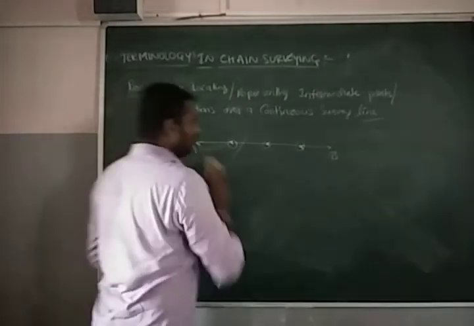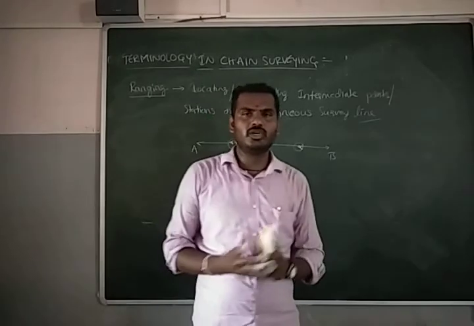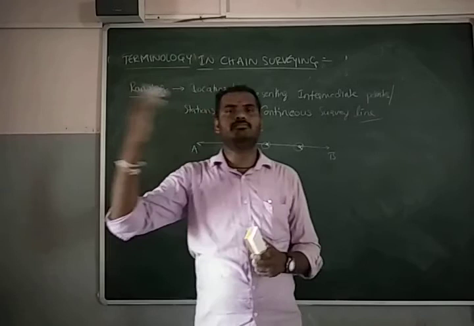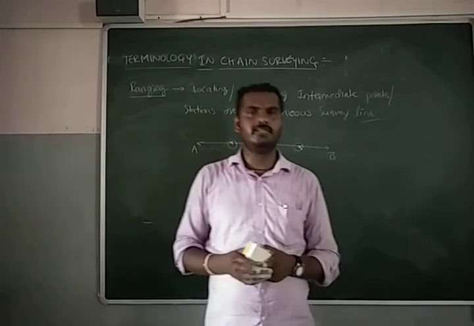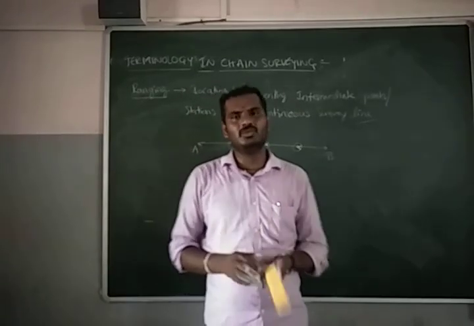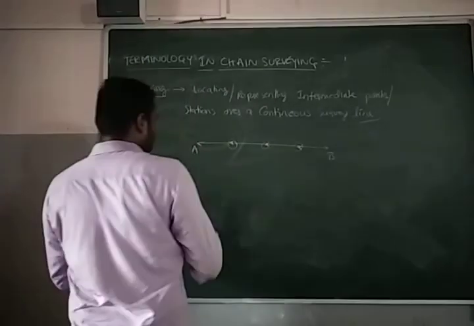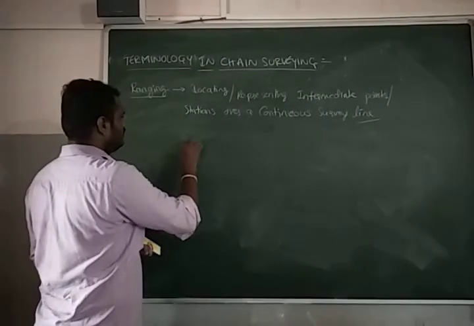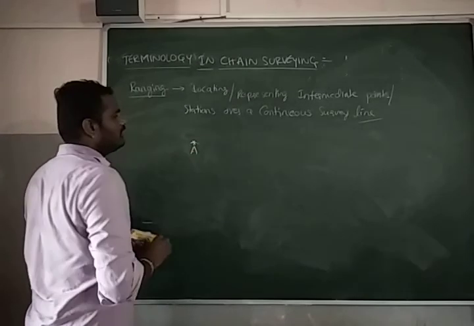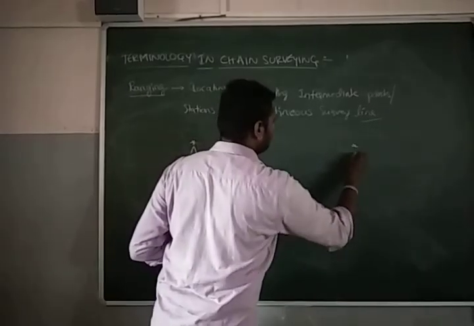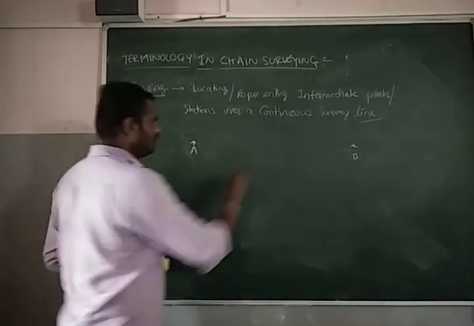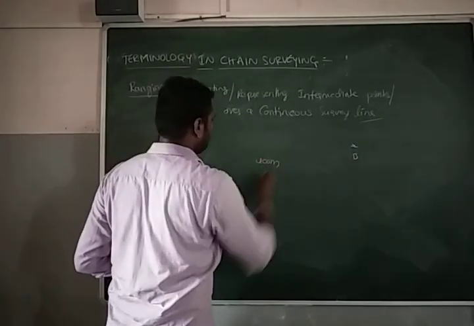Suppose I want to measure some 300 meter or 500 meter distance. This is my starting point. I have chosen 2 points, A and B, and I have to measure this particular line, 400 meter.